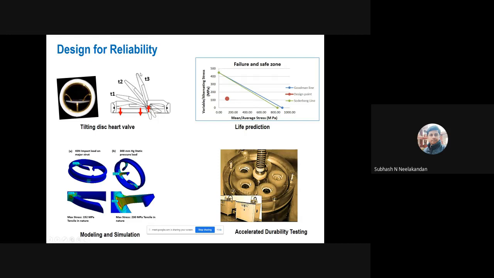Basically, reliability has three different tools. Number one is reliability prediction. Number two is reliability analysis. And number three is reliability demonstration. Prediction in general will use different analytical methods or different physics and theories, which probably all of you might have learned in your corresponding domains.